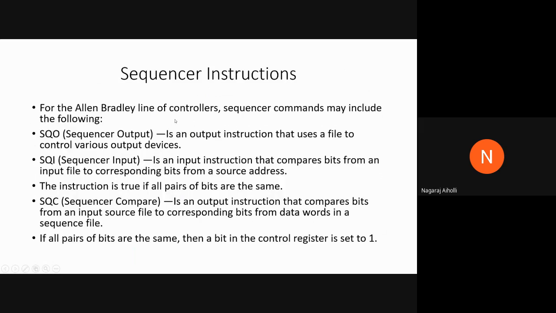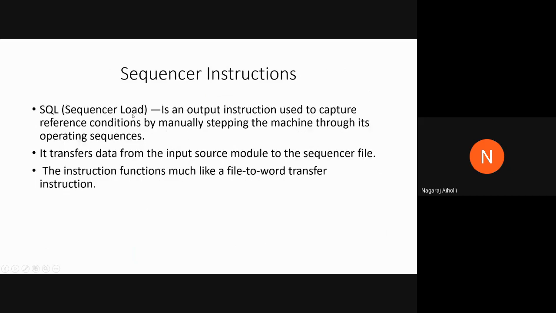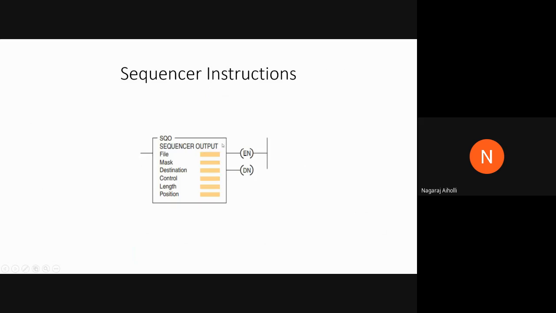Then Allen Bradley sequencer commands such as SQO sequencer output, SQI sequencer input, SQC sequencer compare, SQL sequencer load. Then what is a sequencer output instruction, SQO? We have discussed the working of this block and its various parameters such as file, mask, destination, control, length and position, and also the enable and done bits.